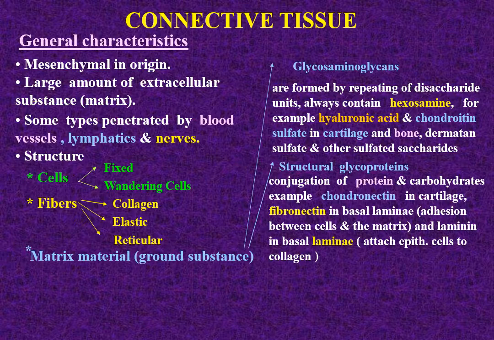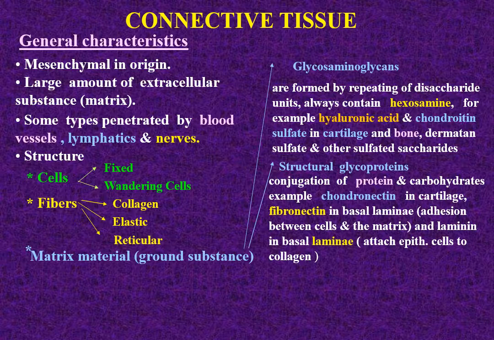Structural glycoproteins are another component of the ground substance. They are formed by conjugation of protein and carbohydrates. They are adhesive glycoproteins that function to link cell membranes of various cells together or to the elements comprising the extracellular matrix.